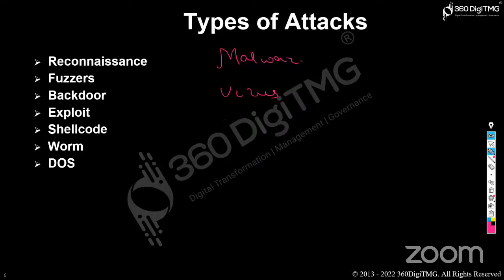What it does is attach itself to a clean file and spread through a computer system. And what eventually happens is it infects the files with malicious code. We must also have heard about Trojans, right? A Trojan is a type of malware that is disguised as legitimate software.